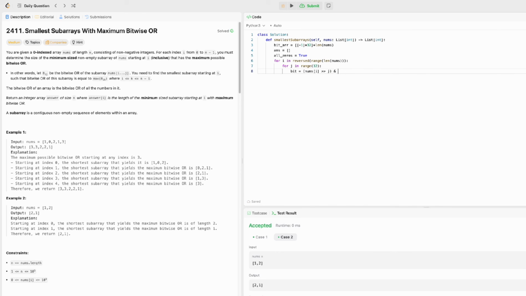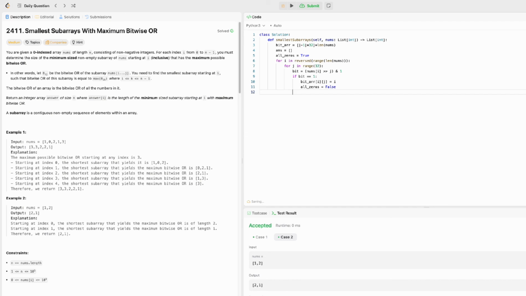And then we get 1. Okay, so what if the bit equals 1? Then we will update the bit array for the num i and the position j by i, right? By the current index. And we will set the on 0 to false, right?